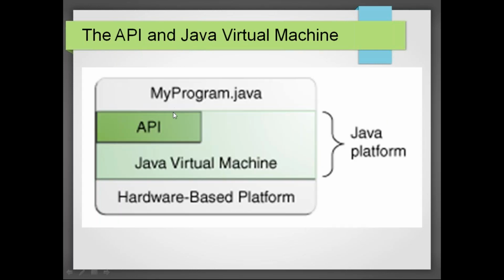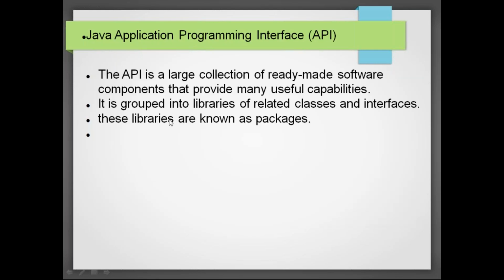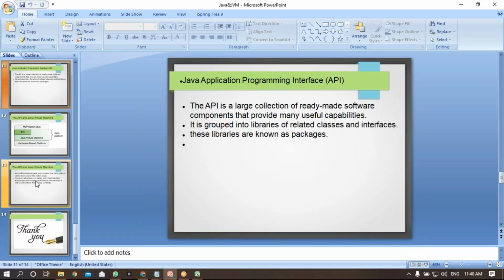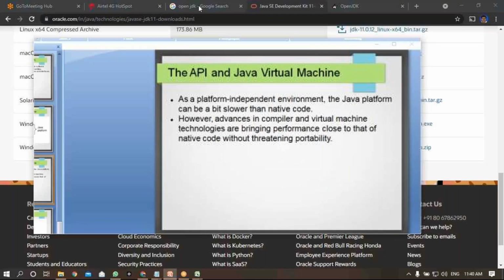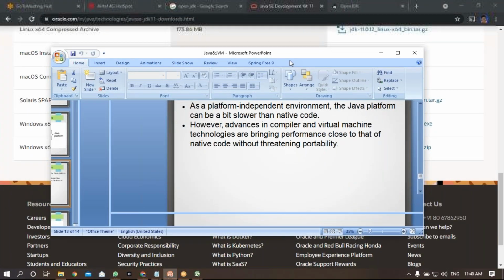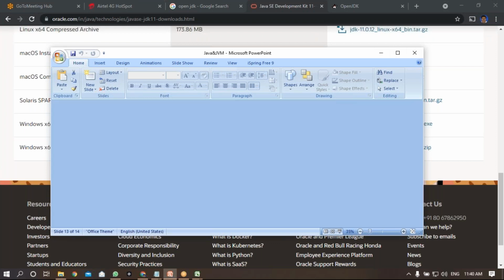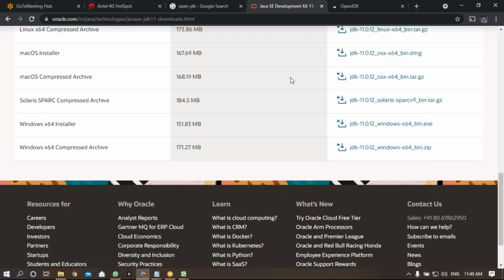So this is what I have. What is the class loader? What is the class area? What is the heap? What is the stack? Everything that I have told you is loaded here. That's what I have explained here. This is what my JVM, JDK, and JRE consist of.